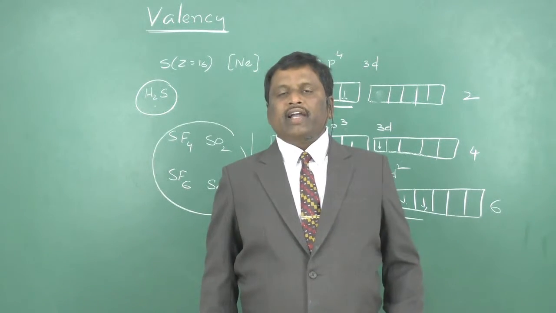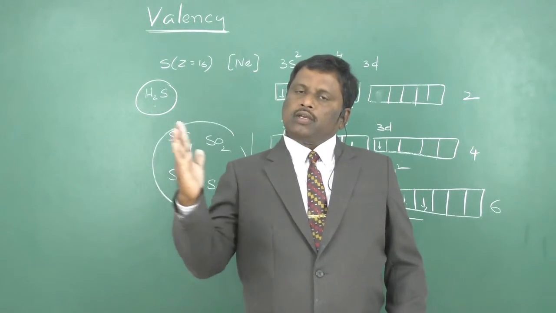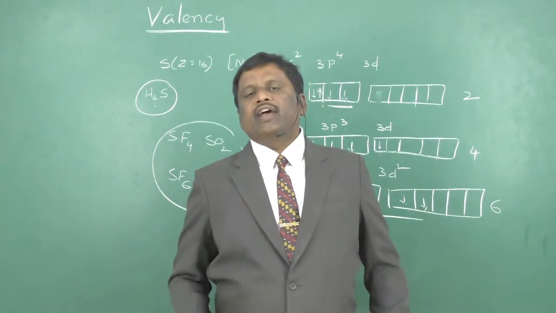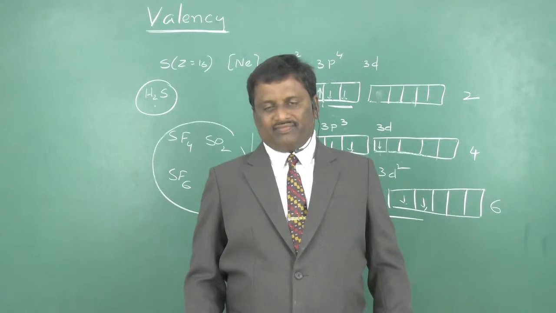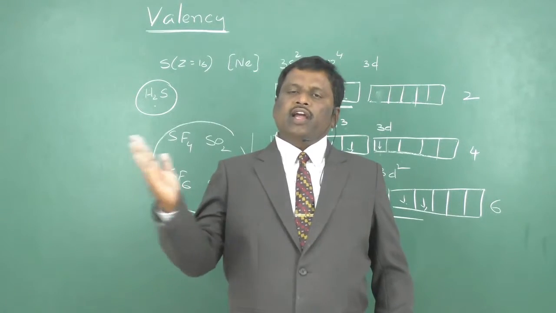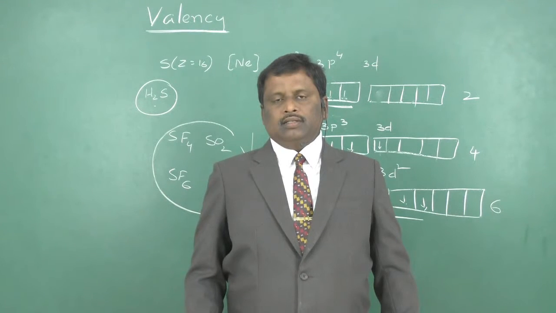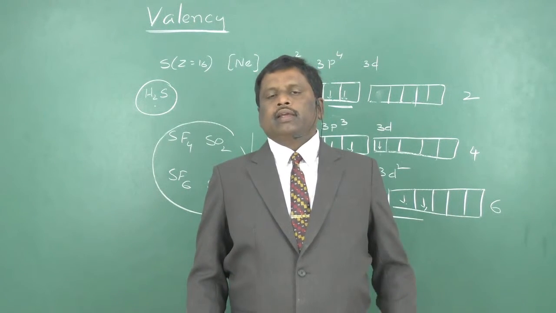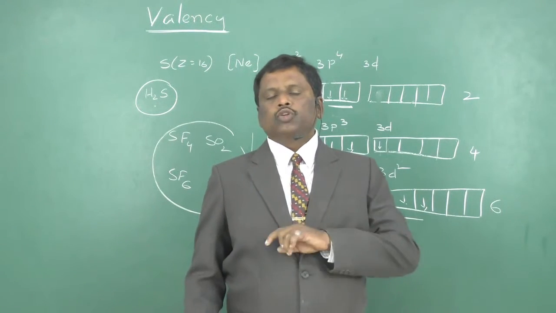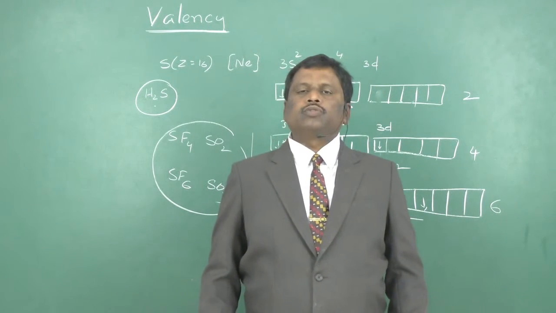With respect to hydrogen, the valency of an element in a period increases from 1 to 4, then again decreases gradually. 4 is the maximum valency with respect to hydrogen. And with respect to oxygen, the valencies gradually increase, equal to their group numbers up to 7, and the maximum valency is exhibited by osmium and ruthenium, which are in the 8th group, which can exhibit a valency of 8, or an oxidation state of plus 8, also.